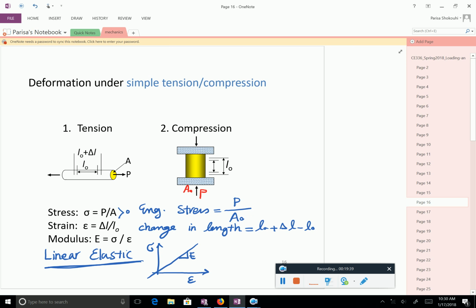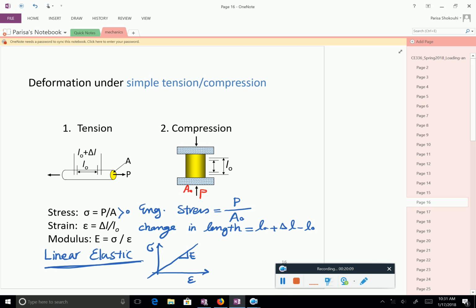Are you talking about this one? Yeah, shouldn't it just be Ln minus L0? Why are you adding plus delta L? So the new length is L0 plus delta L. And the original length is L0. So change of length would be the new length minus the original length. This is for tension. So first it was L0, that's the original length.